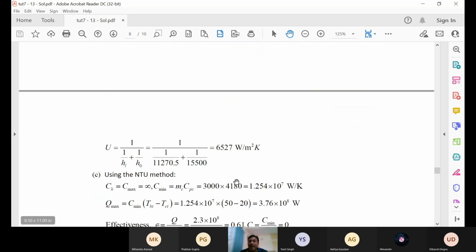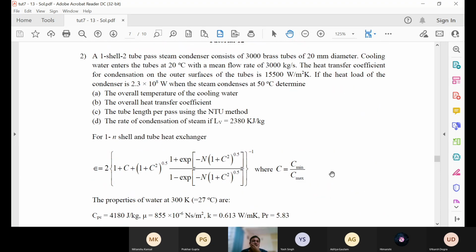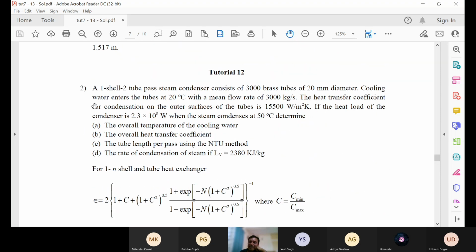Okay. Now another interesting thing to look at. The shell side fluid is what? Steam, which is condensing. So when steam is condensing, what will be MHCpH? Remember, in an effectiveness NTU method, you need to calculate CH and CC. CH is nothing but MHCpH.